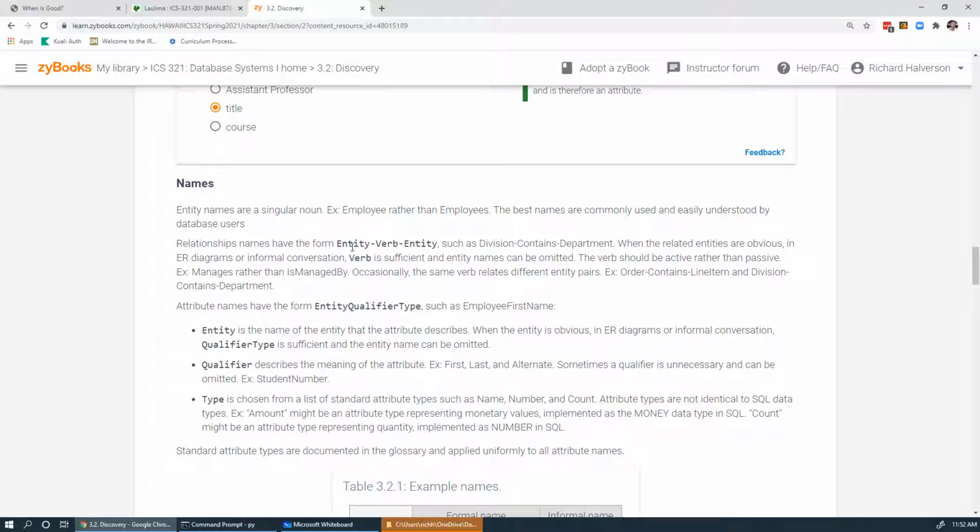Relationship names have the form entity verb entity, such as something contains something. When the related entities are obvious in the ER diagrams or in formal conversation, the verb is sufficient, and entity names can be omitted.